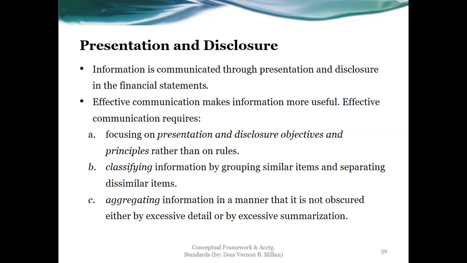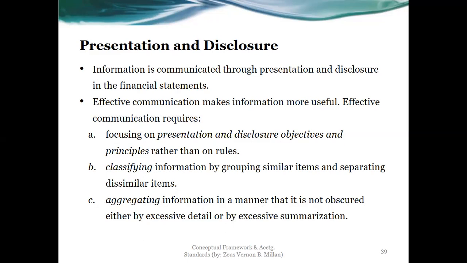The concept of aggregation is that we are going to combine or group similar items. So in this case, it is closely related with layer B, but there's just additional information that it is not obscured either by excessive detail or by excessive summarization. That's something we have to take note of, because we might be grouping them in such a way that the details are hidden.